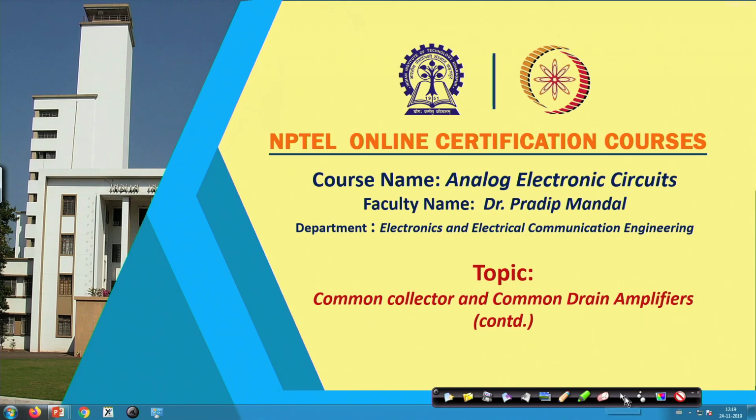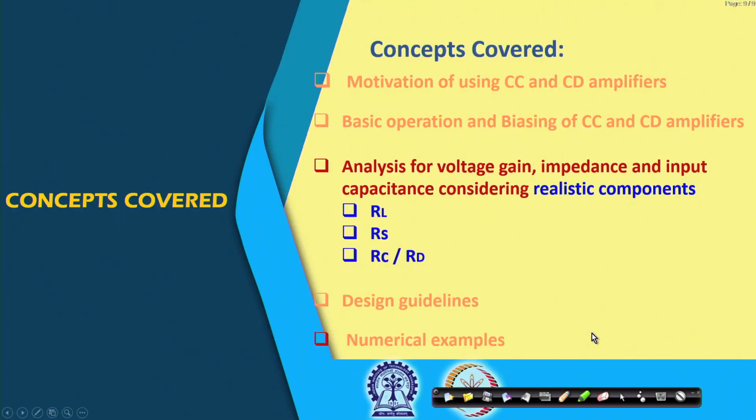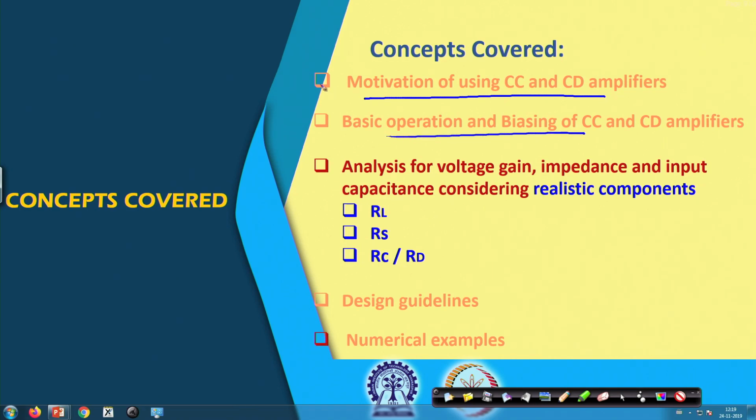So, what we have to cover today: we have discussed the motivation part of the common source, common collector and common drain amplifier. Basic operation and biasing are also done, and we are going to go into a little more detail on the analysis of voltage gain, impedance and input capacitance, considering realistic biasing and their associated components.